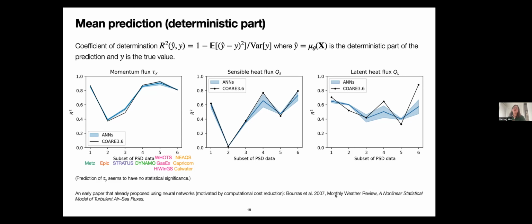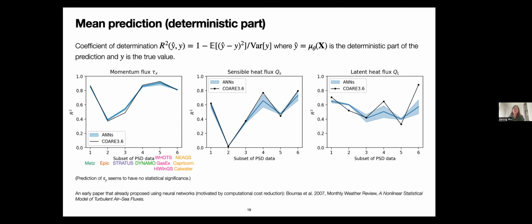It was motivated by the fact that when you compute the flux using a bulk formula like COARE, there is an iterative process, because the similarity profile depends on the wind stress, so it's an implicit equation you have to solve iteratively. Motivated by the computational cost, they tried to replace bulk with an ANN, and they also say ANN and bulk produce very similar results in the prediction.